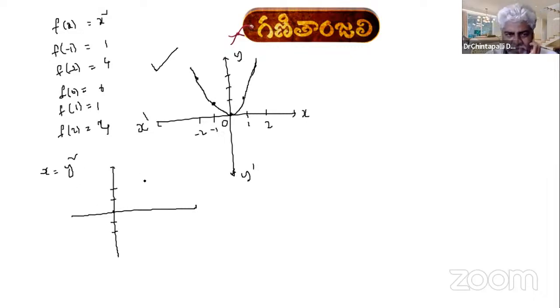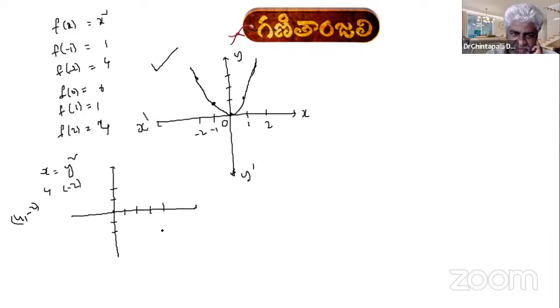If y is equal to -2, then x is equal to 4. Got it? So the point here is 4, -2.